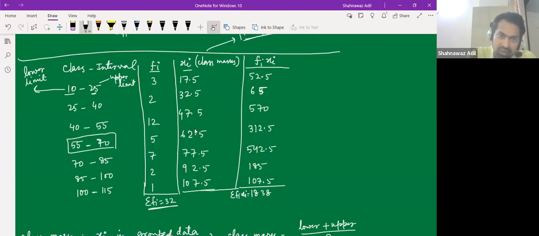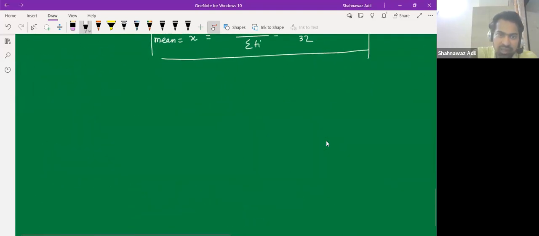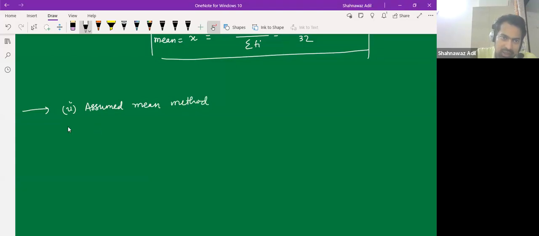So in here, you can also see that these numbers are big. So we can use other methods as well. One is the assumed mean method, which is the second, and the third one is the step deviation method.